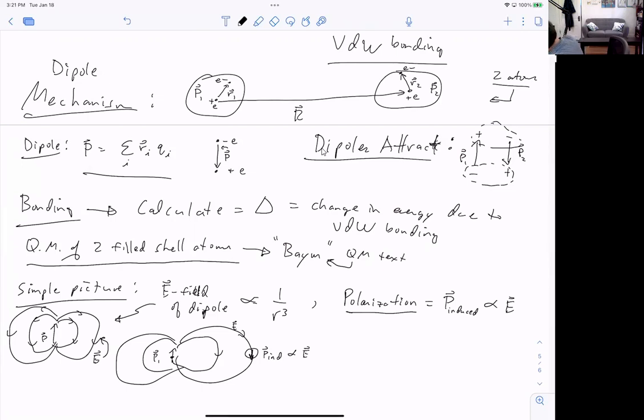And so then I can ask myself, what's the energy of that induced dipole? Now I'm talking about energy.